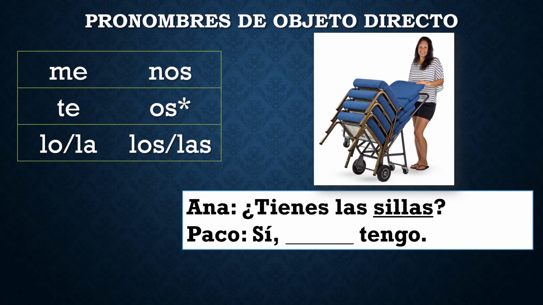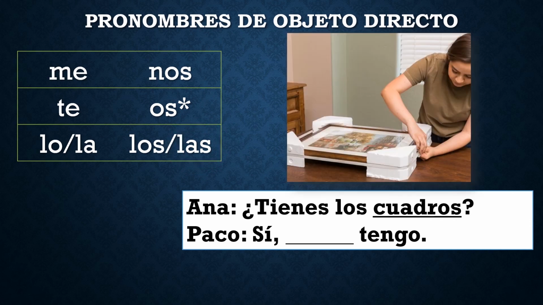¿Tienes las sillas? Sí, las tengo. Do you have the chairs? Yes, I have them. Las is the direct object pronoun that we'll use to replace las sillas, the chairs, because that's feminine plural. ¿Tienes los cuadros?